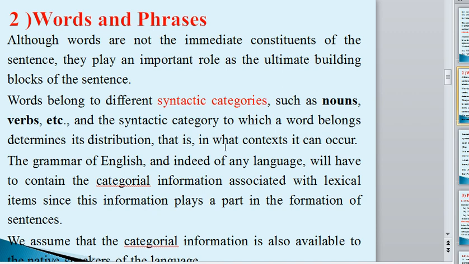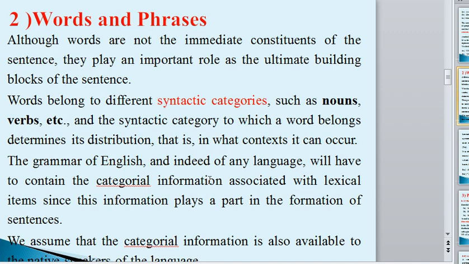And the syntactic category to which a word belongs determines its distribution. What is the place of each word? For example, if it is a noun, it has a specific place, and if it is a verb, it has a specific place. That is, in what context it can occur.